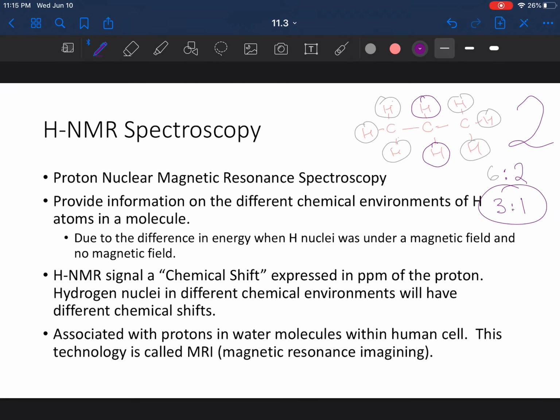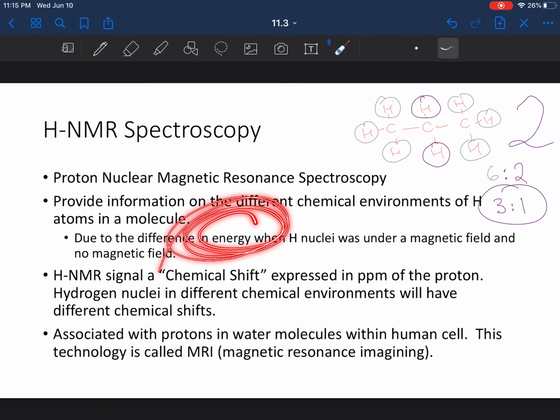Now, how this works is extremely complicated. What they're looking at, of course, is these hydrogens under a magnetic field and no magnetic field. The two will create a difference in terms of energy. This energy creates what we call a chemical shift.